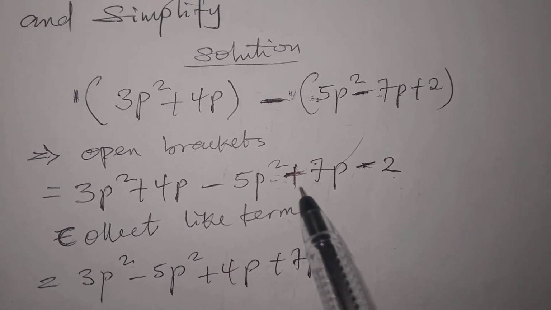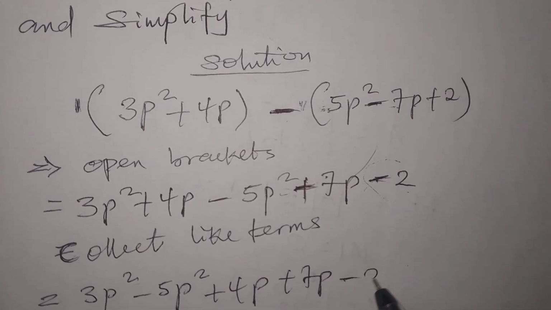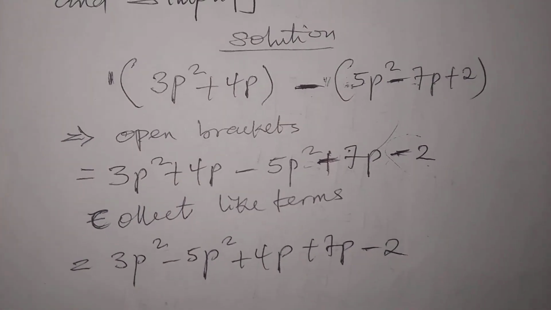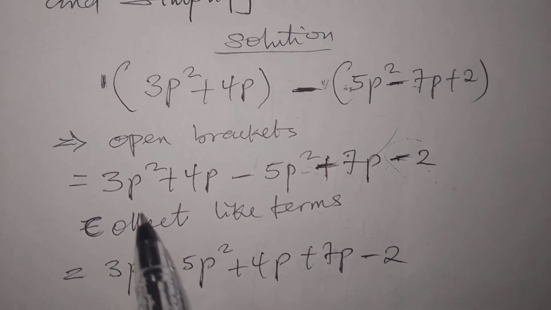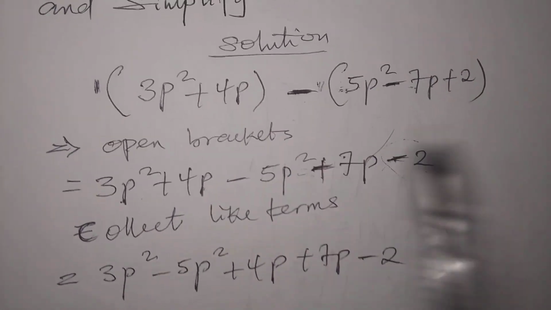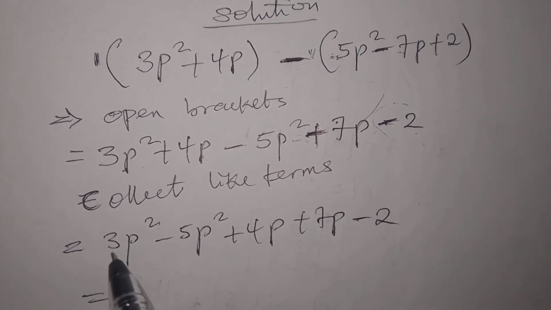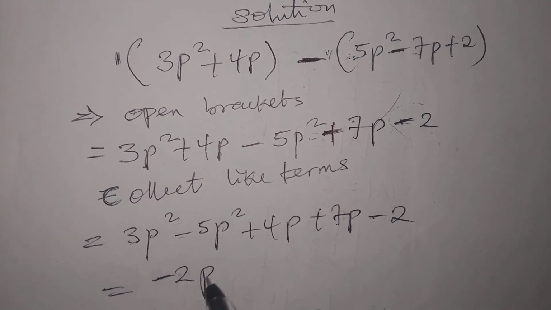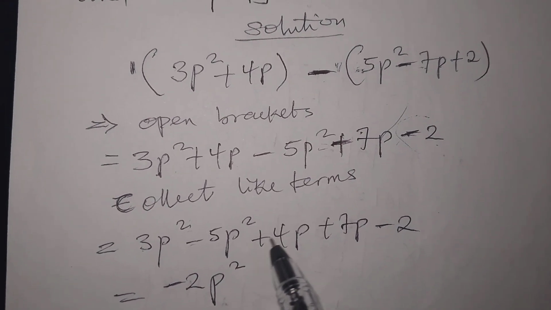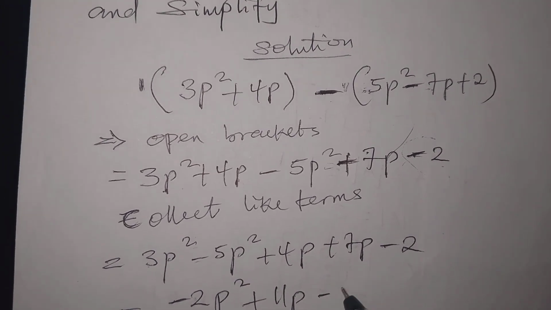Then minus 2 is the only whole number here, without a variable. A variable in mathematics is a letter, and the variables here are p squared and p. So it equals 3p squared minus 5p squared, which is minus 2p squared, plus 4p plus 7p, which is plus 11p, minus 2.